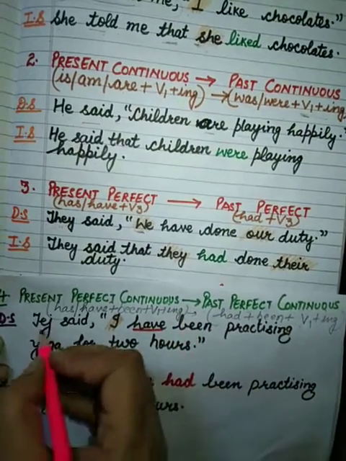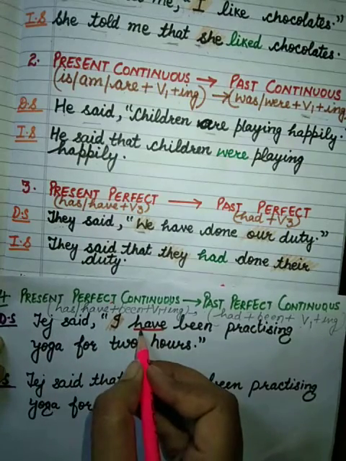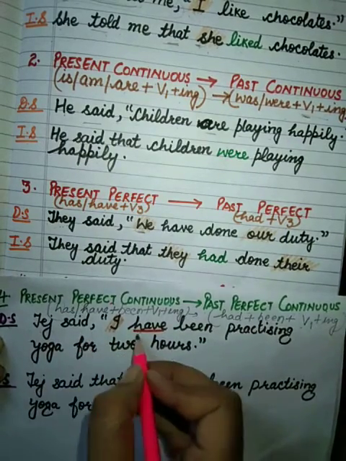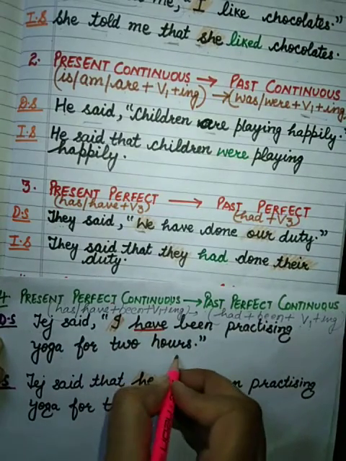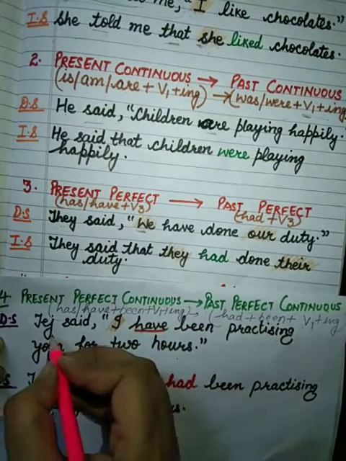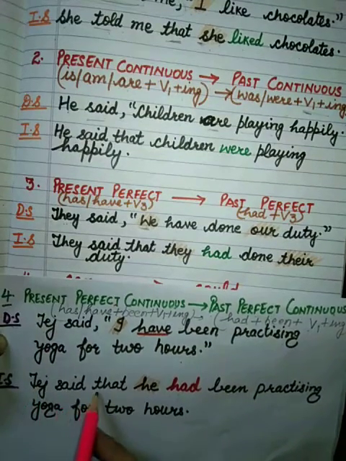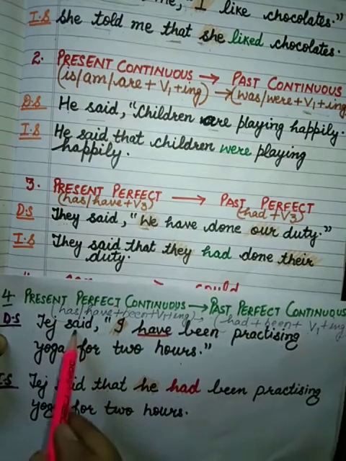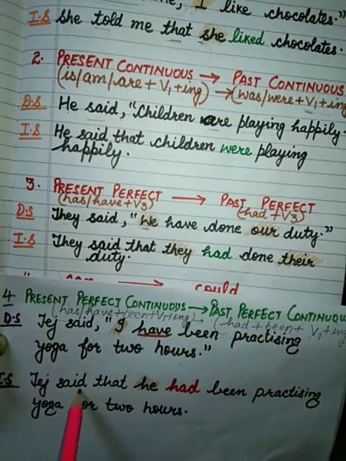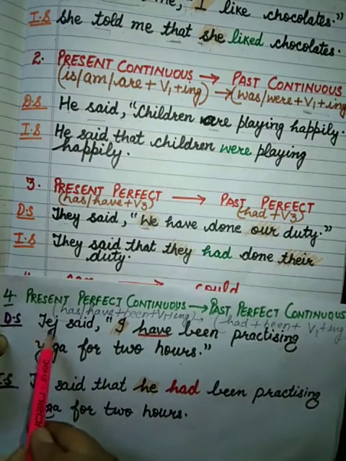Fine. Direct speech, Tej said, I have been practicing yoga for 2 hours. Indirect speech, Tej said that, remove quotation marks, use that. Said will remain said because no object is given. I will change according to subject, which is Tej.